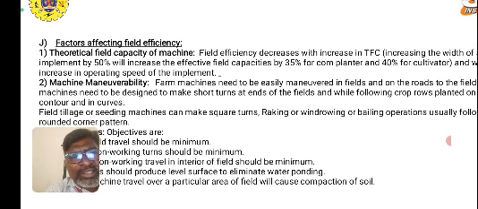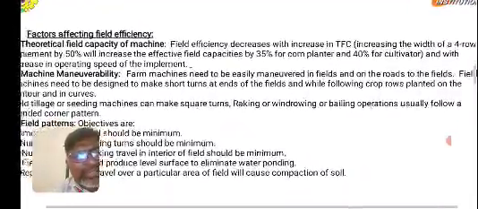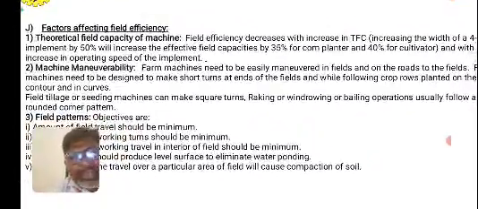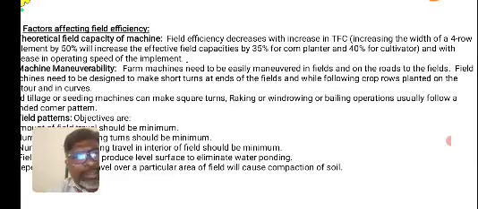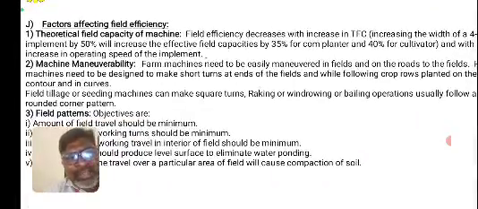Theoretical field capacity of a machine: field efficiency decreases when increasing TFC. Increasing the width of a 4-row implement by 50% will increase the effective field capacity by 35% for planter and 40% for cultivator, and with increase in operating speed of the implement. So whenever the speed goes on increasing, its life is getting affected.